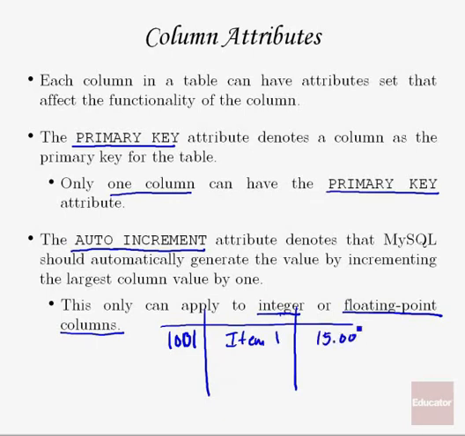Well, with auto increment, assuming this was the auto increment column, specified in the create table command, when we add a new item to this table, it's going to look and see, okay, 1001 was the last item added to the table. When we insert this new item, maybe called item 2, that's $25, we're just going to increment this by 1, and now it's going to be given the item ID 1002.